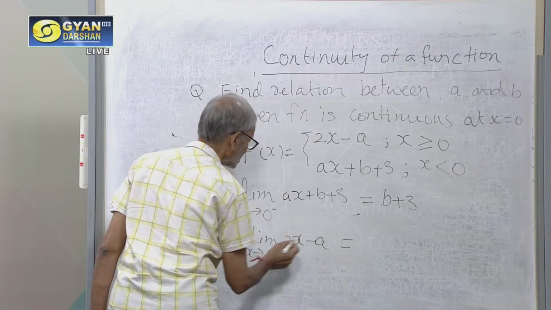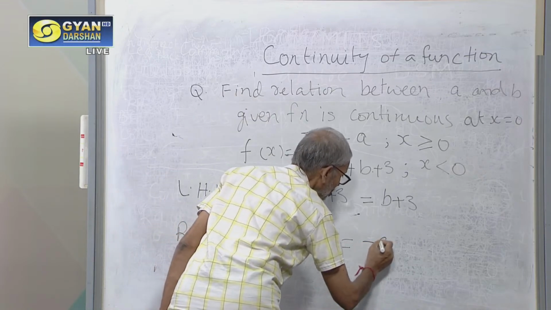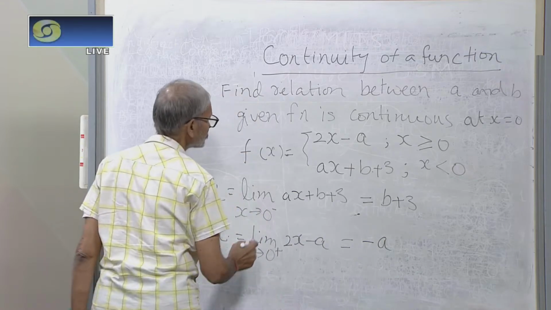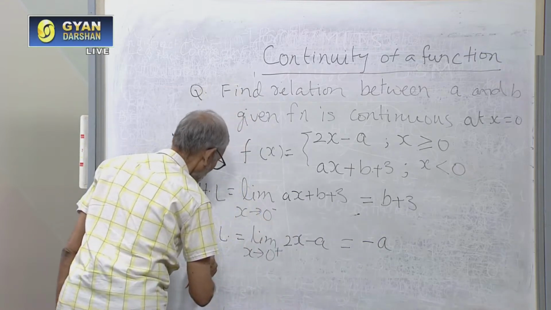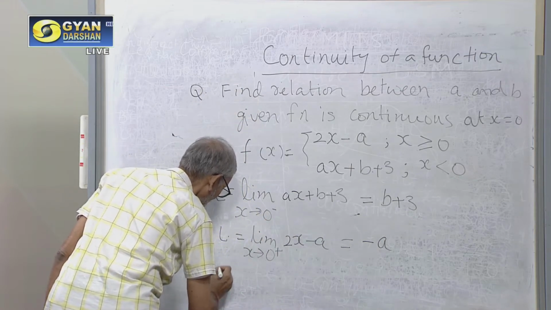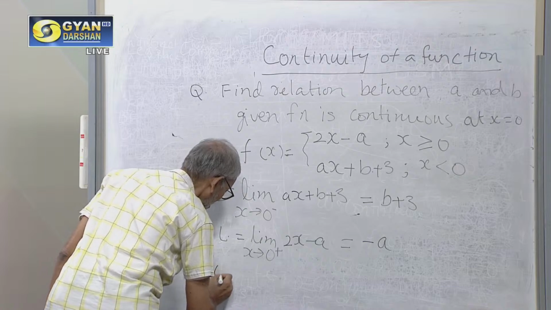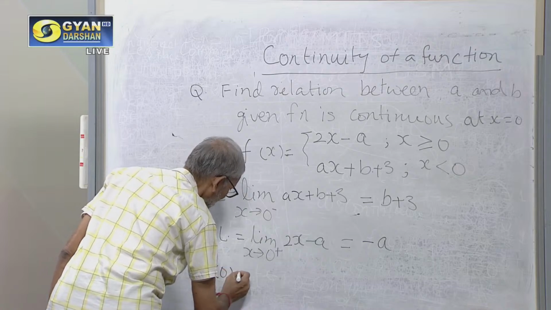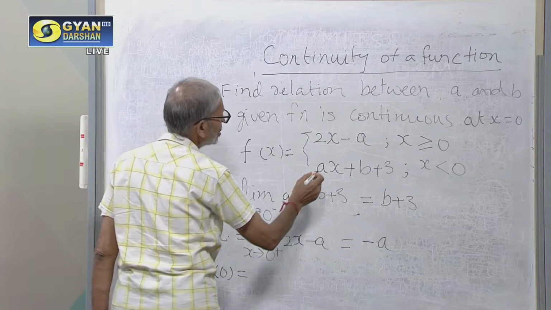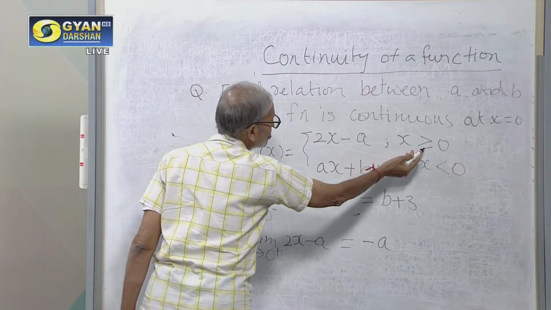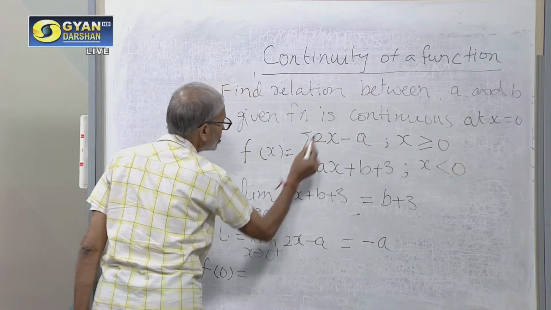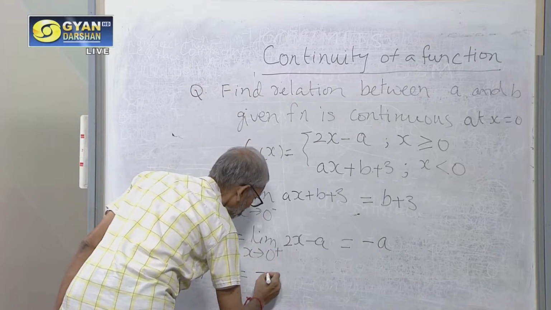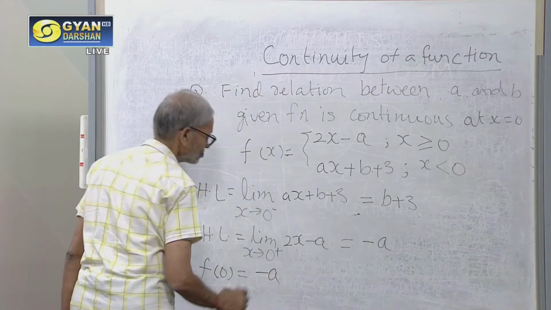Putting x is equal to 0, it will be equal to minus a. And what will be the value of function f0? Putting x is equal to 0, since greater than or equal to 0, this case will be applicable, so this will be equal to minus a.